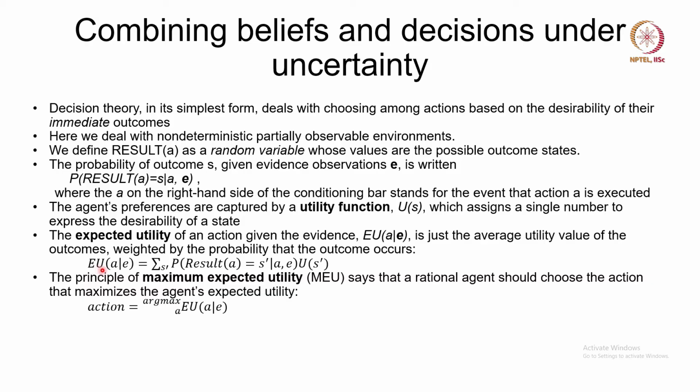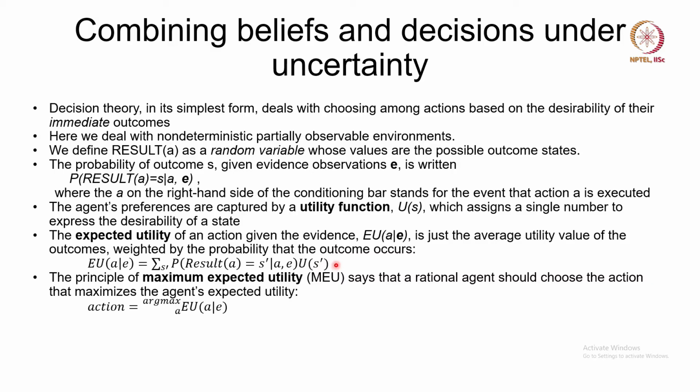So EU(A | E) will be equal to the sum over S' of P(Result(A) = S' | A, E) times U(S'), where S' gives you a particular outcome. This is called the expected utility.